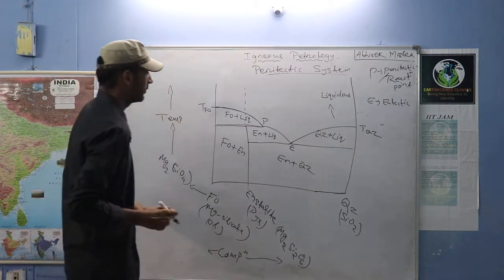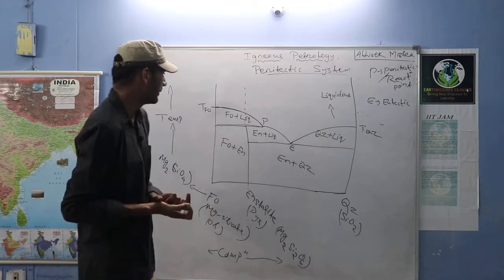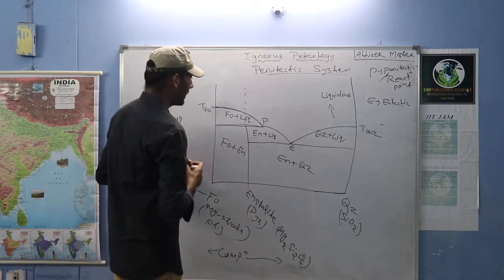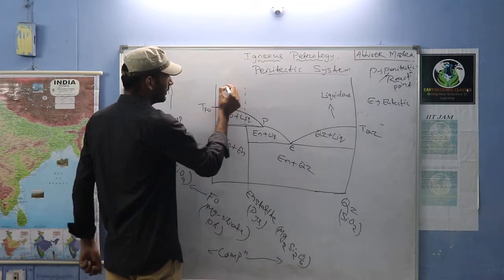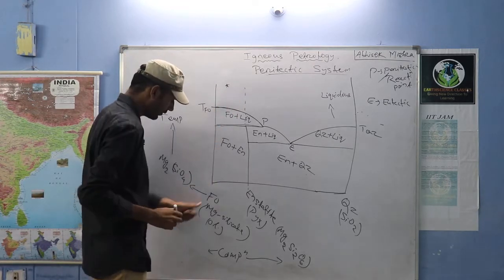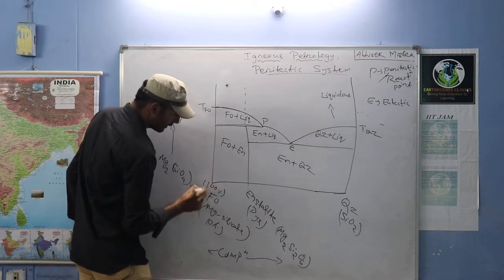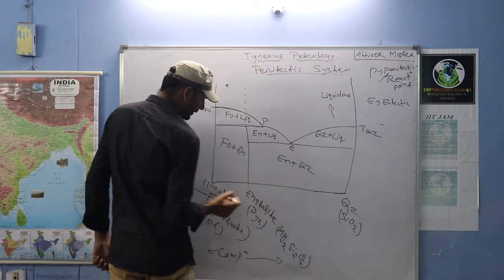Okay, so what happens here? Let's take a composition somewhere here. As I have told you, this is forsterite, meaning 100% forsterite, and forsterite will decrease in this direction.